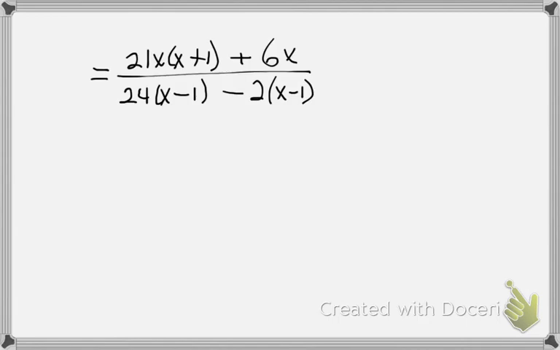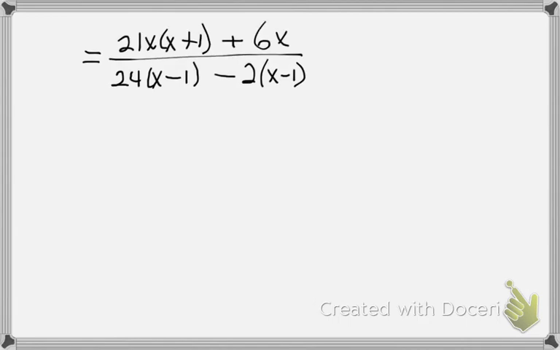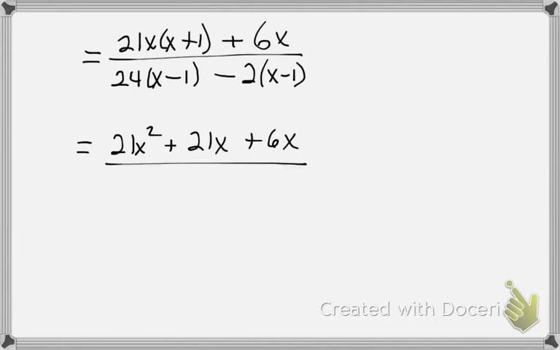All right. So in the numerator, I should multiply that all out. So this means I wind up with 21x squared plus 21x plus 6x. You guys agree? Now, what do you see in the denominator?